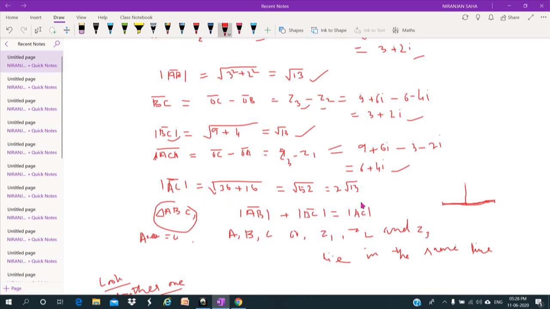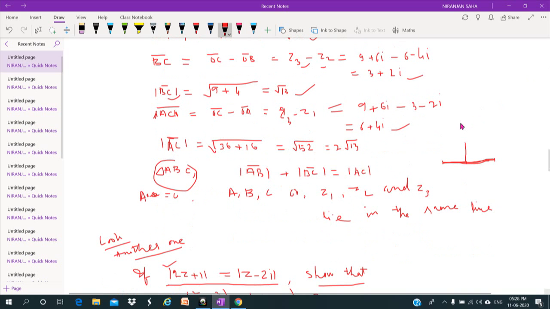So you can see that if the three points do not lie on a single line, then there must be a triangle. If 3 points generate a triangle, then they cannot be collinear. And if the 3 points make a triangle in such a way that the area is 0, then they are collinear.